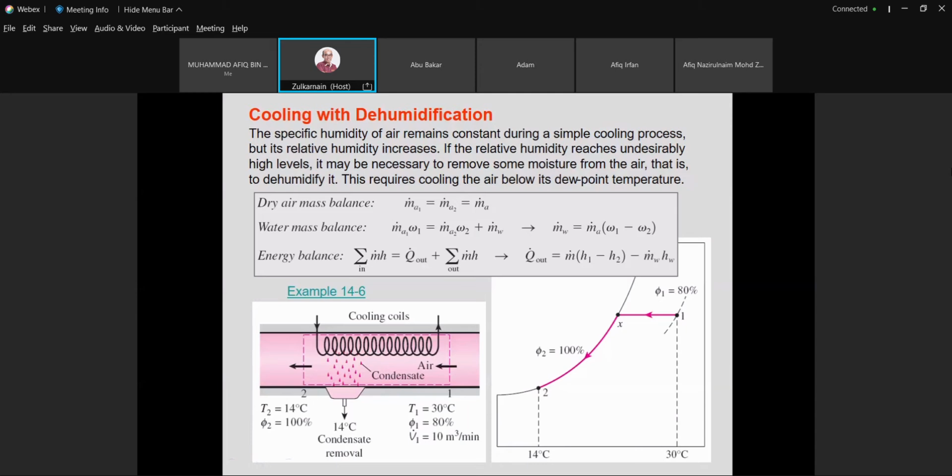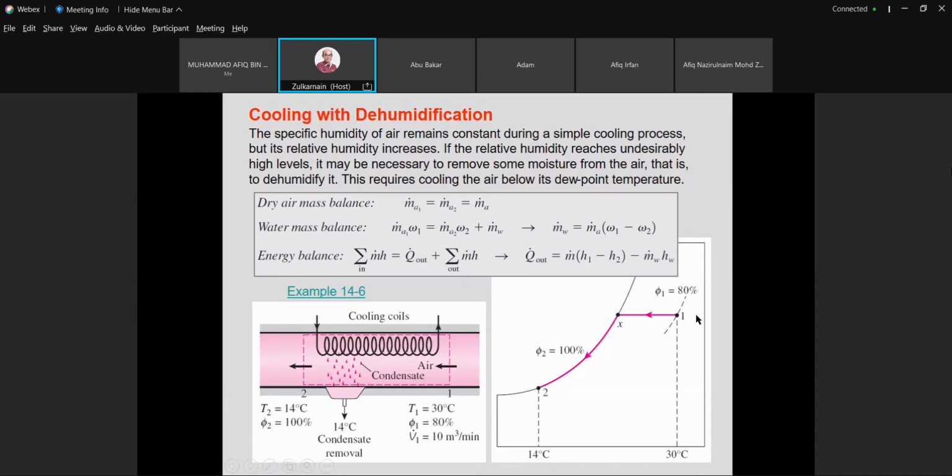Okay, the actual value of mass flow rate, so that is what we are going to have. So this is the process of cooling where we have condensation. We might have cooling without condensation. If cooling without condensation, then we don't have any X value.